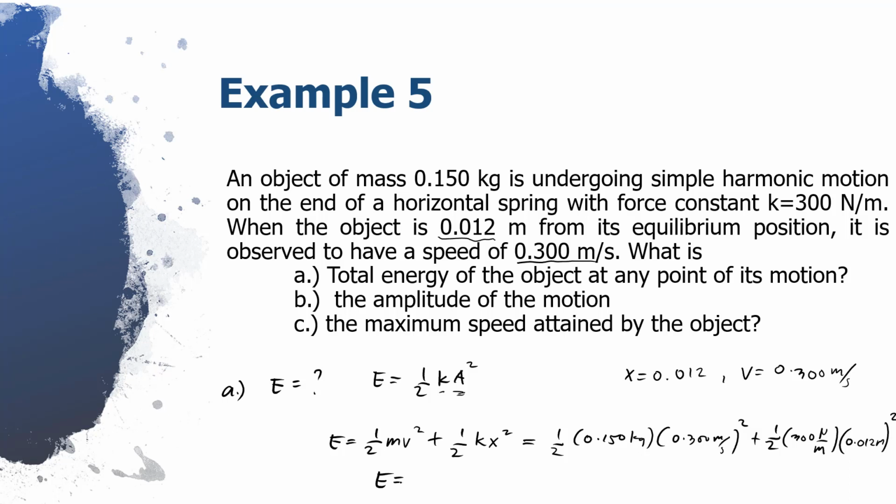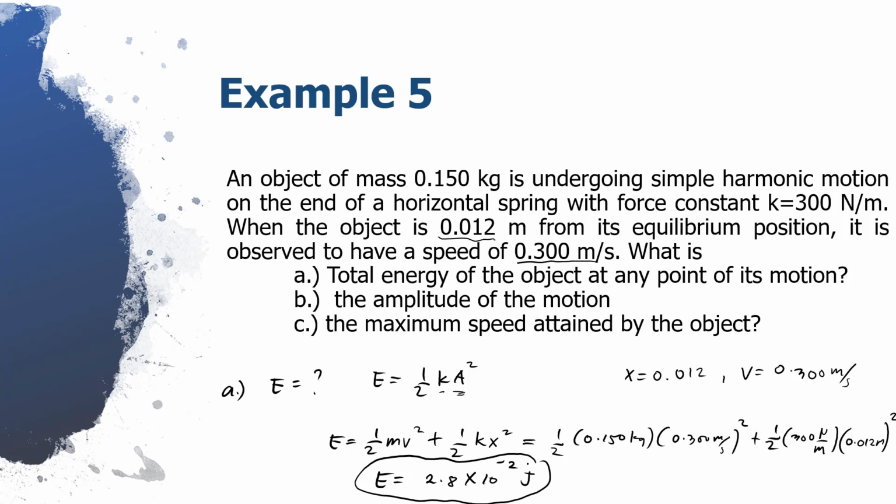So using a calculator, you can solve for the total energy, which is equal to 2.8 times 10 to the minus 2 joules. So this will be the total energy of the object.